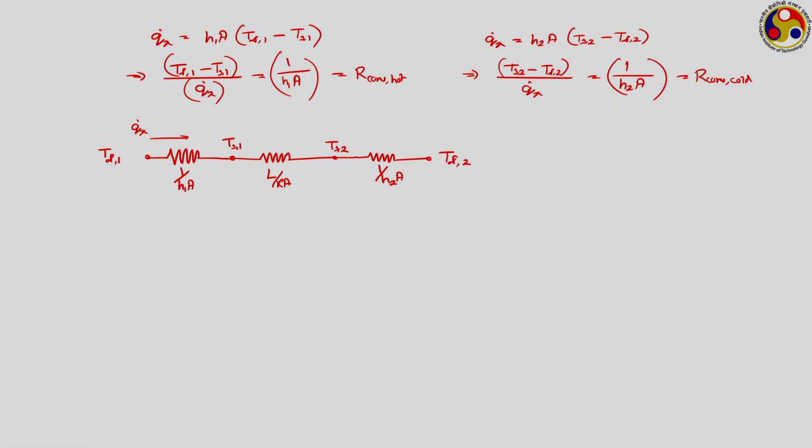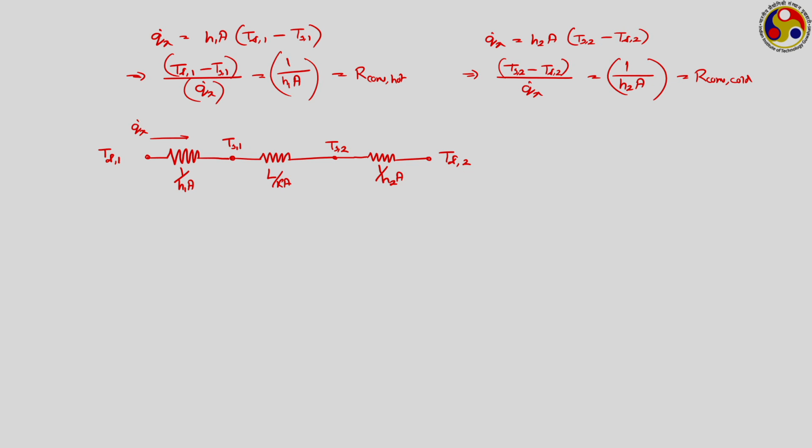Then if we want a direct relationship between heat transmission from T infinity 1 to T infinity 2, how can we do this? Just neglect the intermediate temperatures. Then we can think that q dot x amount of heat is transmitted from T infinity 1 to T infinity 2 through 3 different resistances.